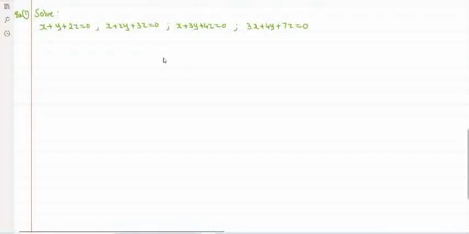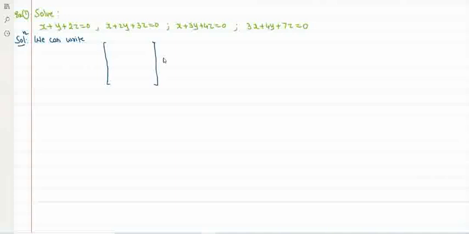Same system, same procedure. So first we write these equations in the matrix form. There are 4 equations in 3 unknowns. The unknowns are x, y, z, equal to the 0 matrix.